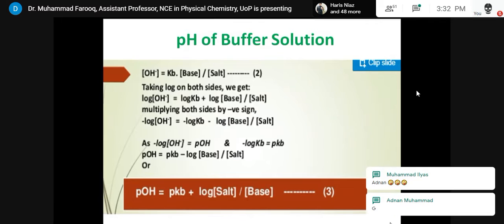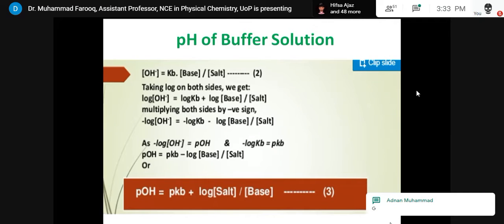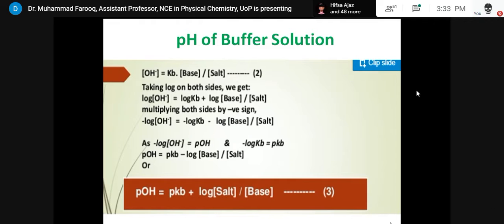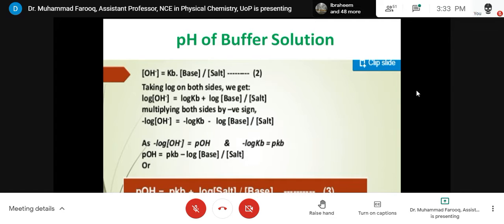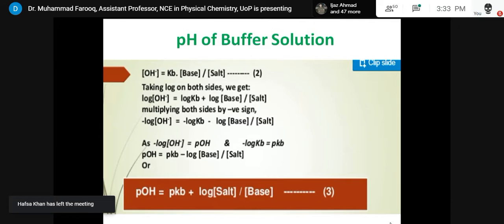Yes, sir. OH negative is equal to Kb times base divided by salt. Taking log, we can write it this way. If we multiply by the negative sign, we can write minus log of OH. So minus log of OH is equal to pOH, and minus log of Kb is equal to pKb, I mean the dissociation constant of the base.